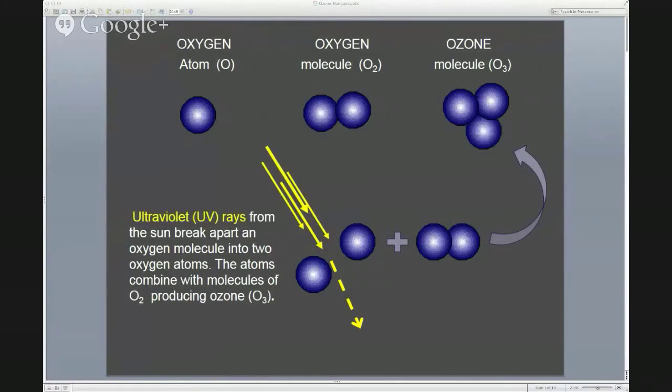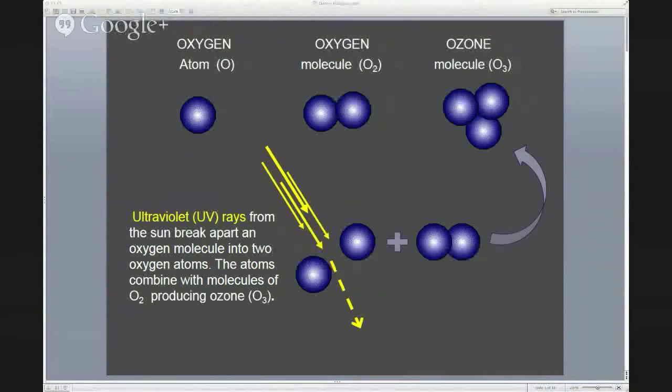Okay, hi. Ozone is a triple atom molecule of oxygen. It's mostly found in the stratosphere. It is found in the troposphere, but the primary place is up in the stratosphere. As I said, it's three atoms of oxygen.